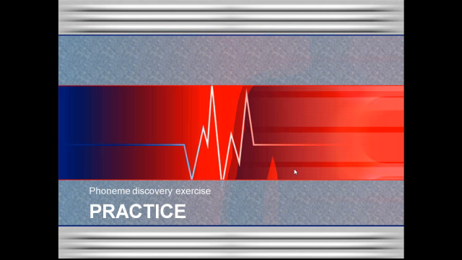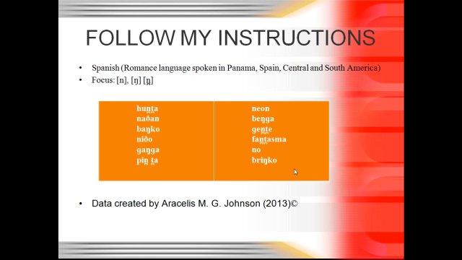So we're going to have a practice about how I want you to report your data problems, the data that I gave you. Well, I can see my first error in here is gente. It's not gente. In that case, I have to put the symbol for the velar fricative.